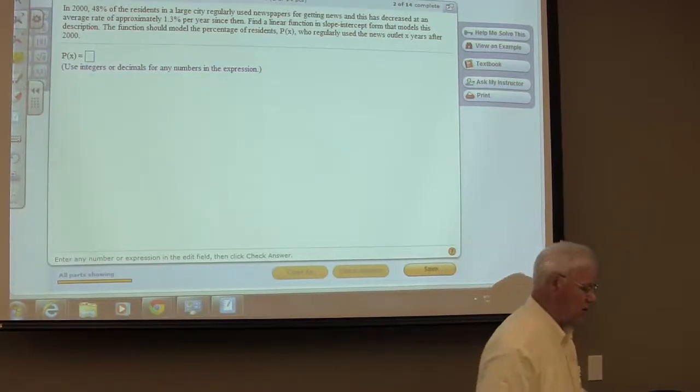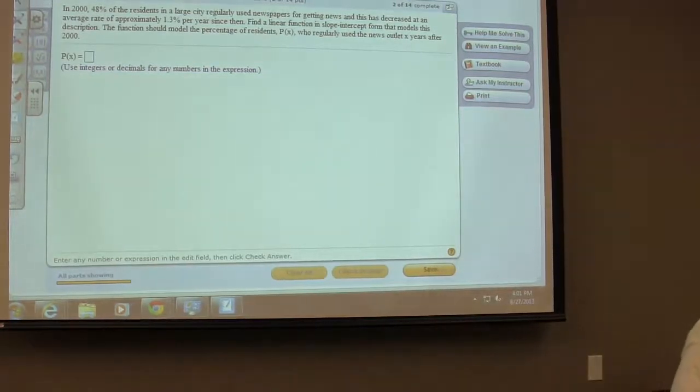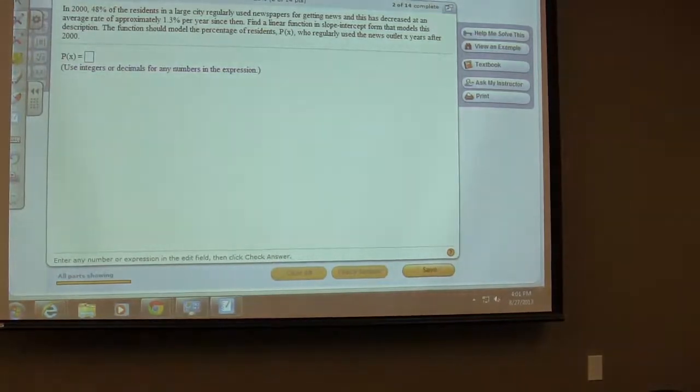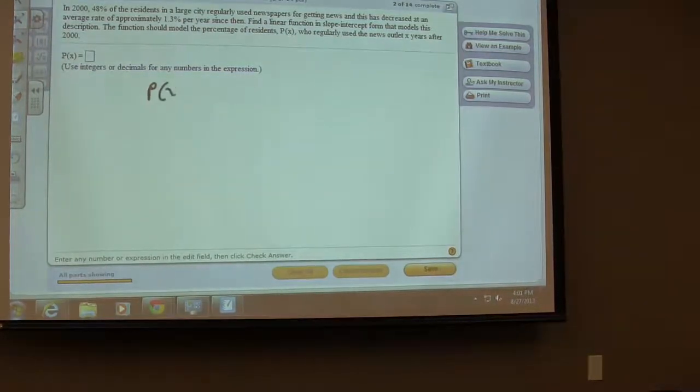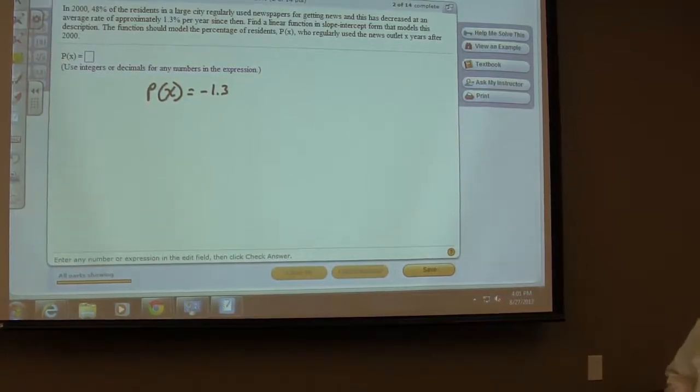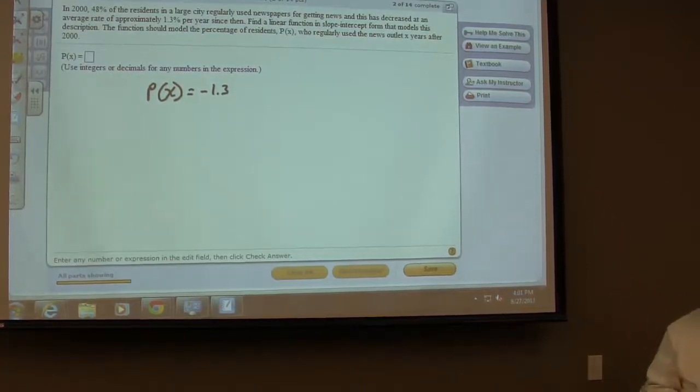Okay. So let's take a look at it. We said we have a slope, so P of x, we said is negative 1.3. We're going to leave it in percent form. I know that a lot of you are used to changing it to decimal, but it said that we're going to talk about it in percentages. So the graph is going to be in percentage.